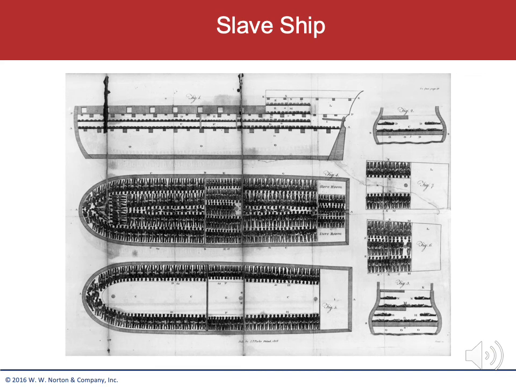And so this document, of course, of the Middle Passage shows just how human beings were treated as cargo. This diagram is from 1808. It's an interesting one because it's in 1808 that the United States will outlaw the importation of slaves.